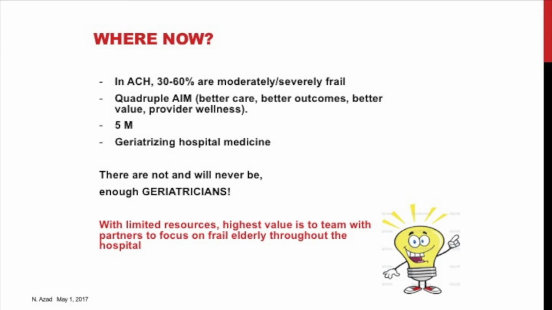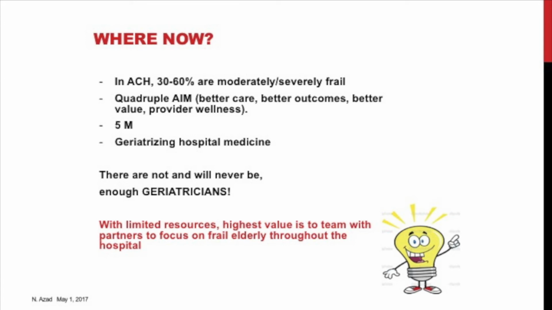So this concept of gerontologizing the rest of the hospital, at the level of education, screening, and early intervention by geriatric teams, is quite important. The reality is you're never going to have enough doctors that are geriatricians.